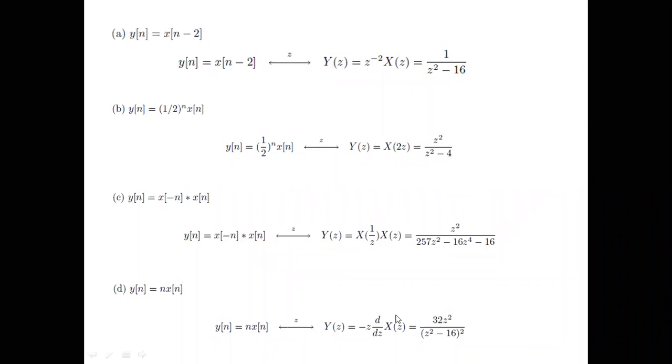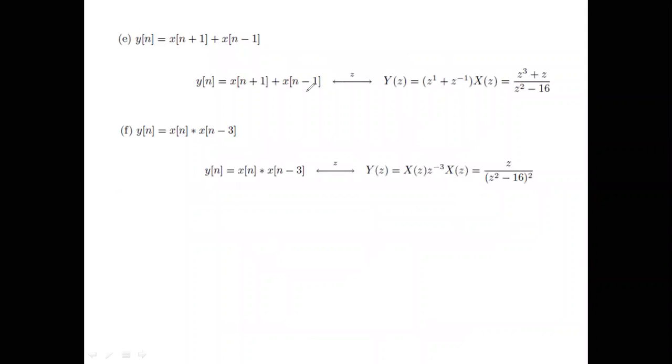What other questions are there? Yeah, here, this one is a shift in the time domain. So that is why it is linear. So z to the power minus 1 because of n minus 1, z to the power plus 1 because of n plus 1. So we have the answer here. And finally x of n convolved: here also convolution is converted into multiplication.